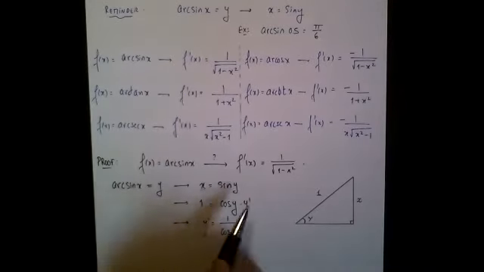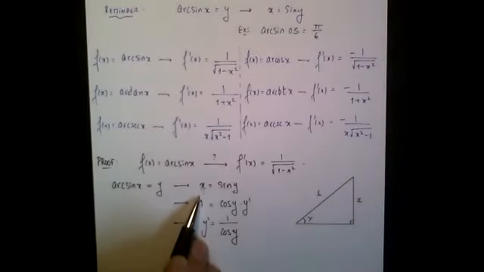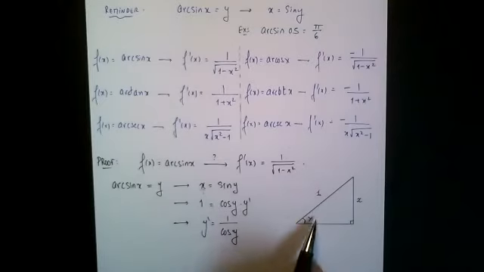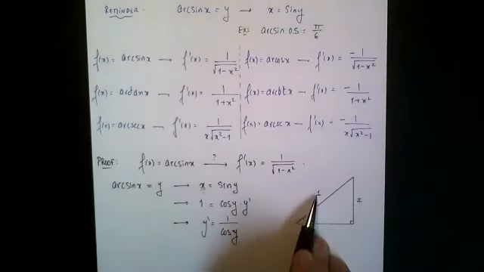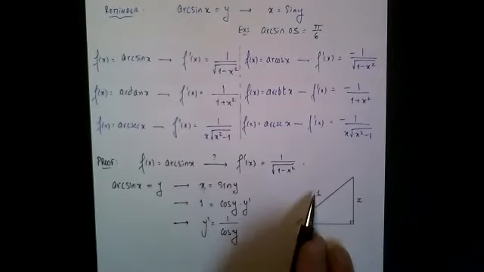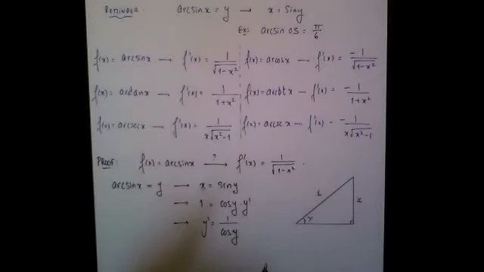And the sine is always opposite over hypotenuse. So if I draw a right triangle with an angle y here, then the opposite over the hypotenuse should be x over 1, or 2x over 2, or 10x over 10. Who cares? x over 1. The ratio between this and this has to be x. Is that okay?